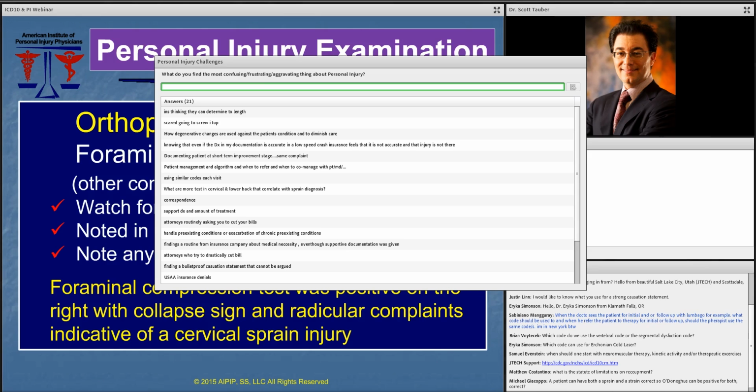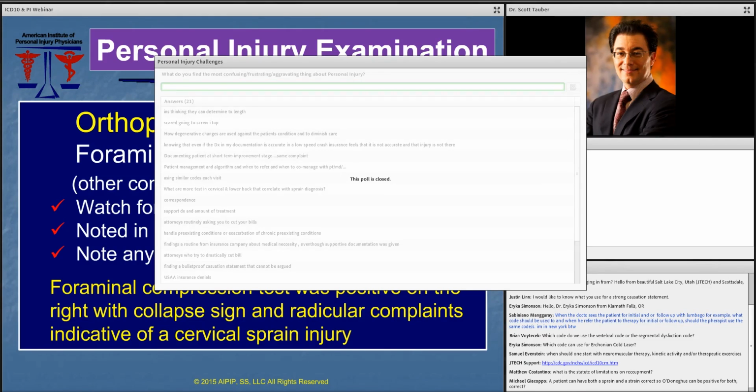The referrals that you are not going to get, because people that could refer to your office just don't, whether it's internal or external. Part of what we do at AIPIP is make you marketable and help you with your personal injury practice, so you can get referrals. Believe it or not, there are people out there looking to refer to competent treating doctors that will take the time to understand personal injury.